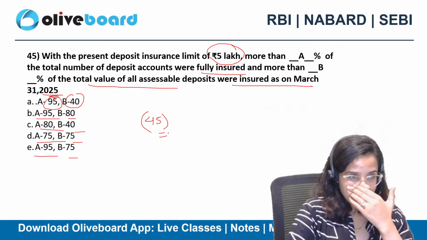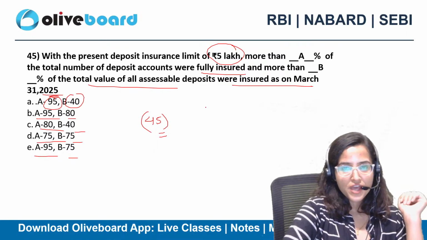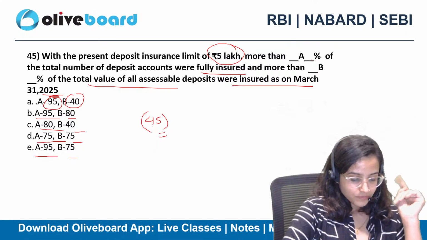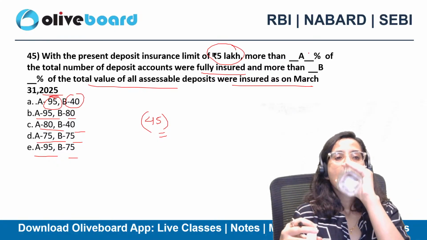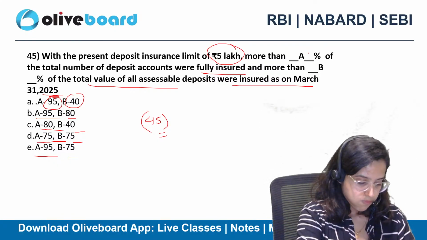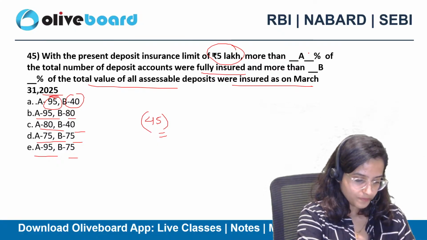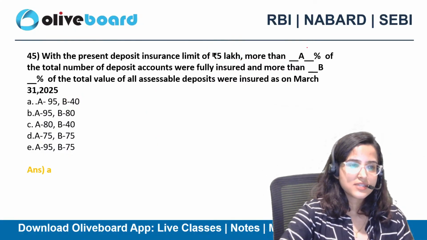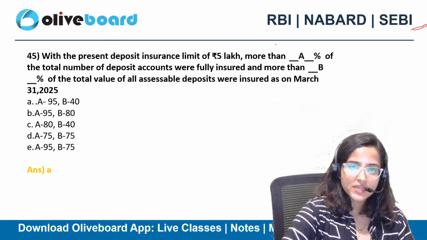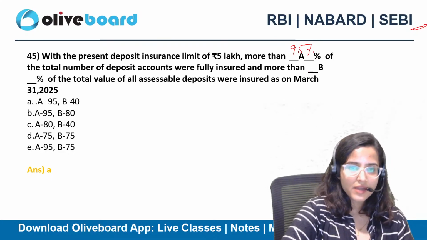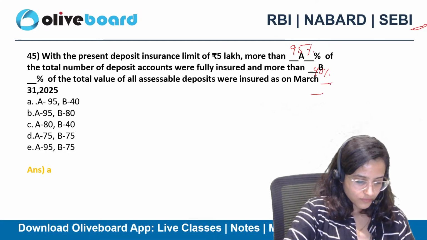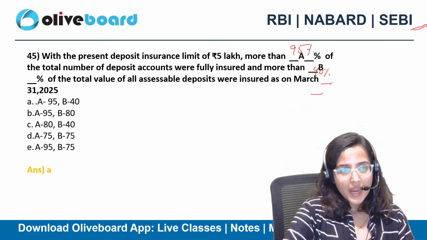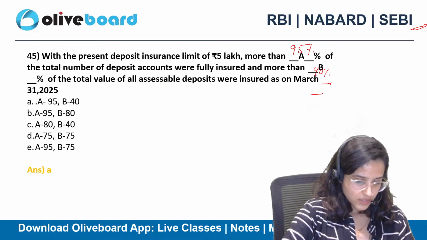Abhigyan has given me A as the answer, 95 and 40. Anybody else? So the answer is A, more than 95%, and 40%. 95 and 40, Abhigyan.